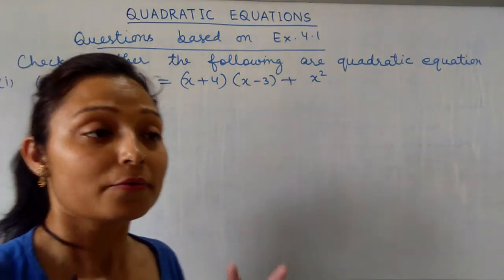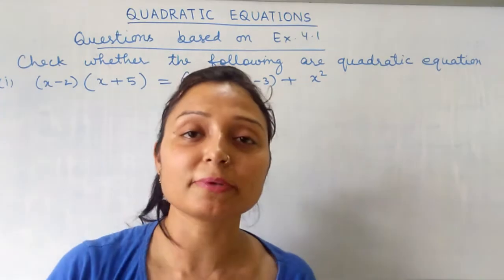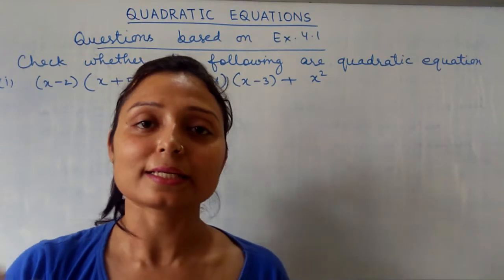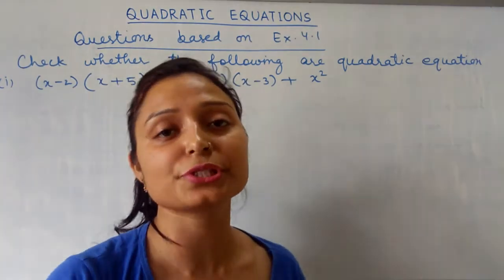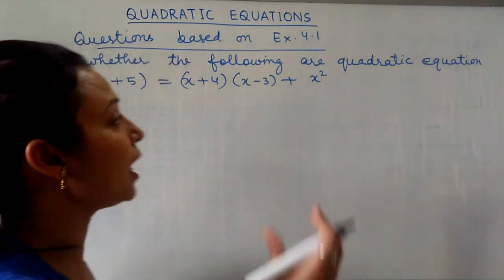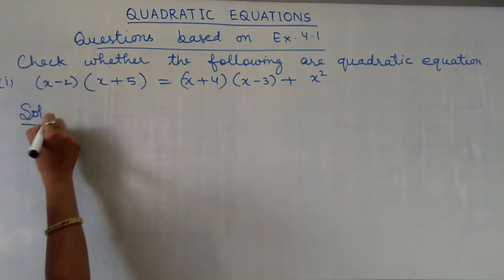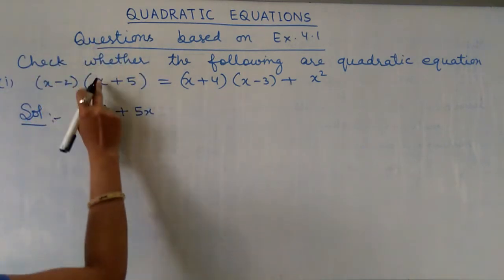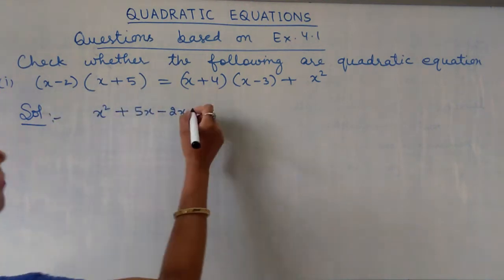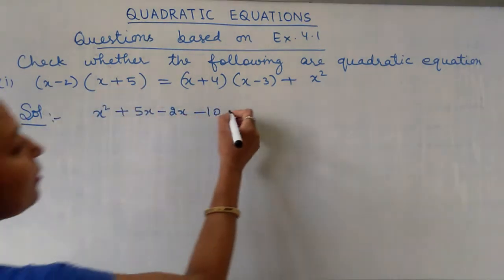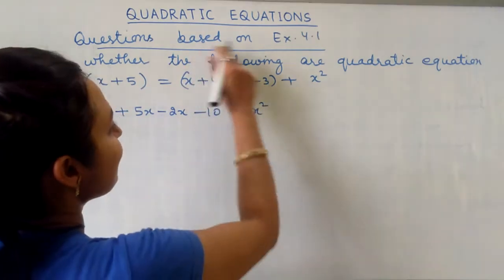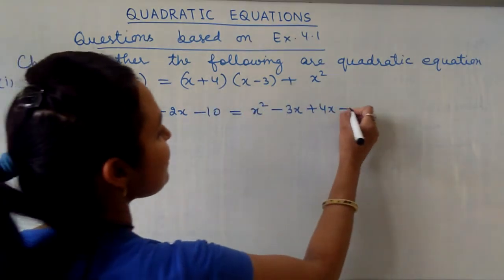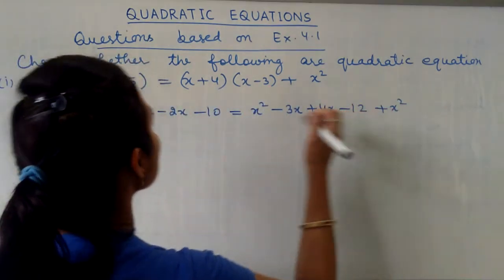How can we check? We will simplify the equation. After simplification, some terms will be cancelled, some left behind. By using the terms which are left behind, we have to check whether this is a quadratic equation or not. So we have to simplify it. Take the solution, do the multiplication. X square plus 5x, then negative 2x, plus minus 10. I will start from the left hand side, equals to, right hand side is x square minus 3x plus 4x plus minus 12 plus x square, right?